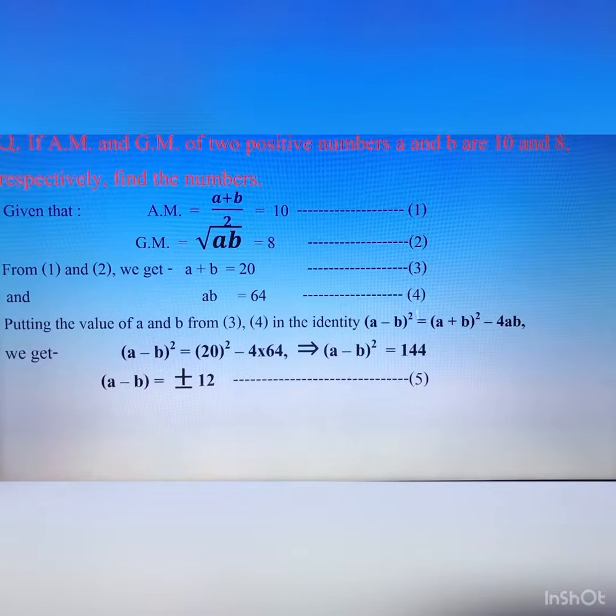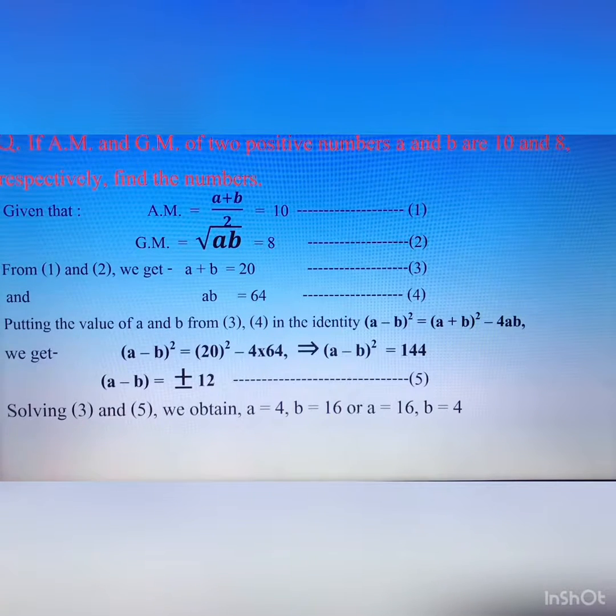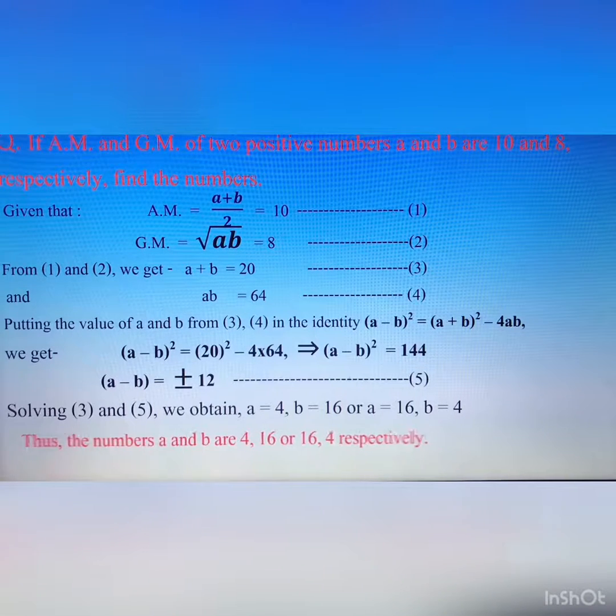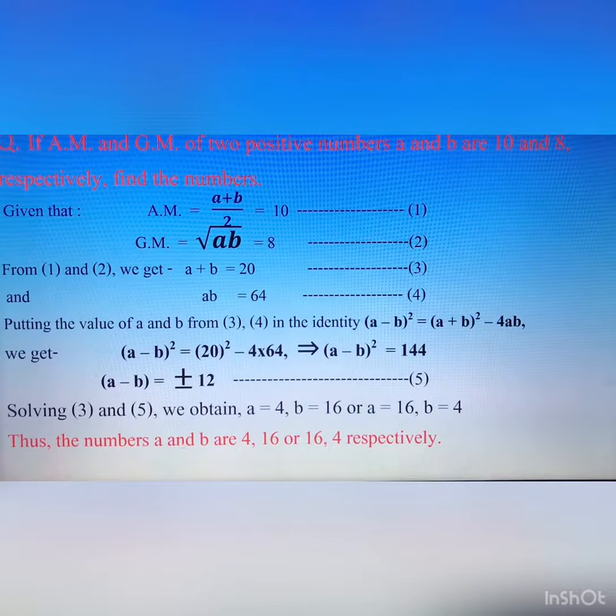Now solving equation 3 and equation 5, we get a equal to 16 and b equal to 4 if a minus b is plus 12, and if a minus b is minus 12, then we get a equal to 4 and b equal to 16. So this is the answer to the question, that is the numbers a and b are 4, 16 or 16, 4 respectively.